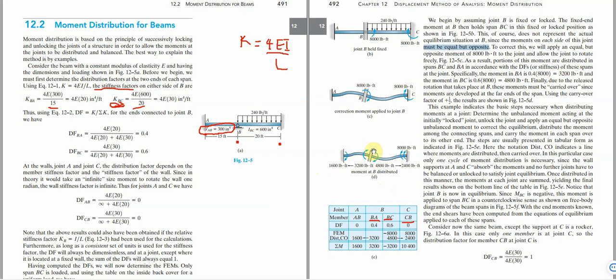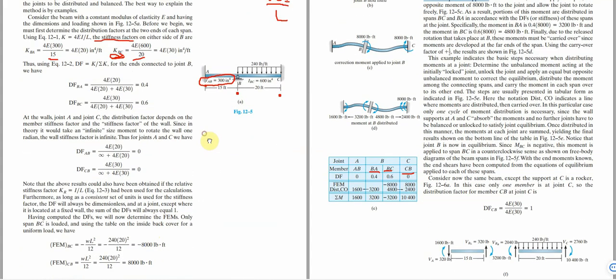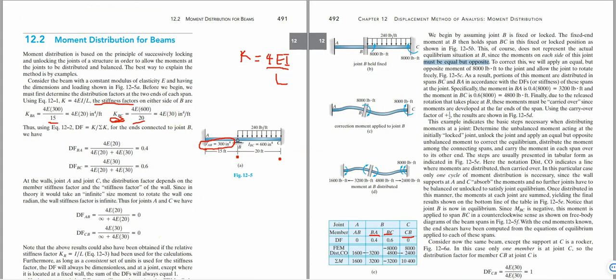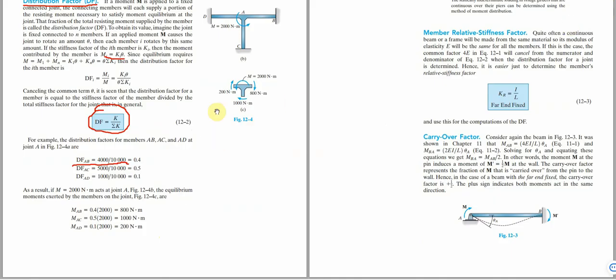So what we're trying to say is that, let's say this is the fixed end moment. Just like the example we did the other time, out of the total moment of 2000 Newton, this end is taking 200, this side is taking 800, this side is taking 1000.